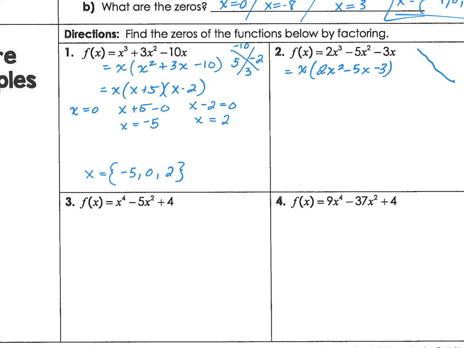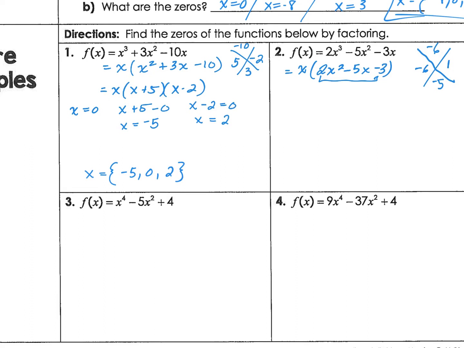Now here's the thing. When we go over here, remember this is first times last, isn't it? So we have negative 6 up here and negative 5 here. What two factors of negative 6 add up to give me negative 5? Negative 6 and positive 1. Anybody thinking negative 3, negative 2? Don't do that, because those would multiply to give me positive 6, wouldn't they?